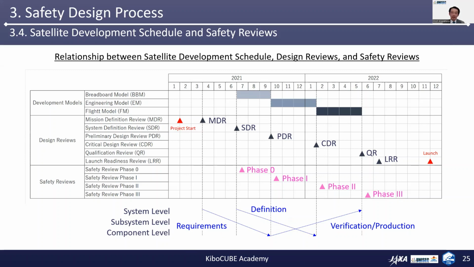So the verification and production starts around the PDR and ends at QR. This process is, on the contrary, conducted in a bottom-up manner from components to subsystems and the overall system.